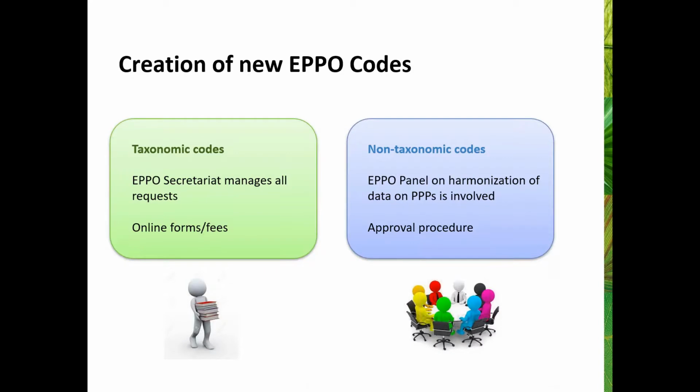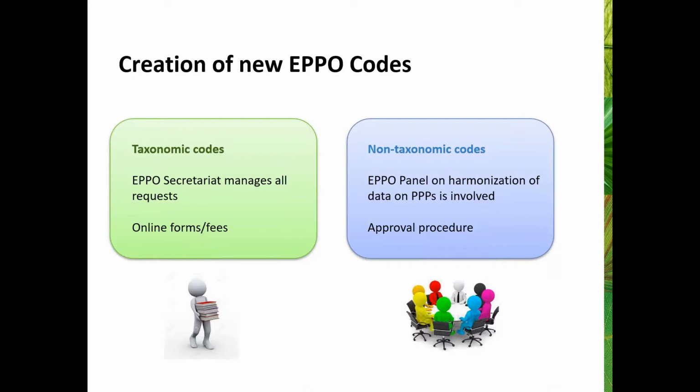And when it comes to the creation of new codes, those two sets of codes are treated differently. For taxonomic codes, it is us within the EPPO Secretariat who are managing the requests for new codes, and we have set up a system of online forms and fees so that our users can request new codes to be created.